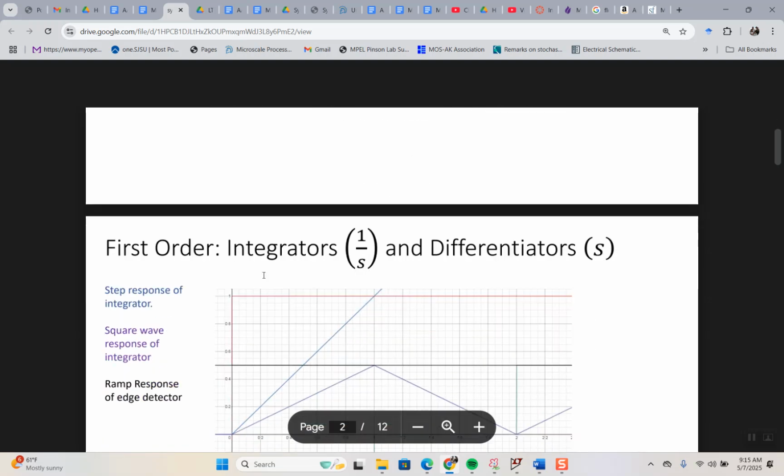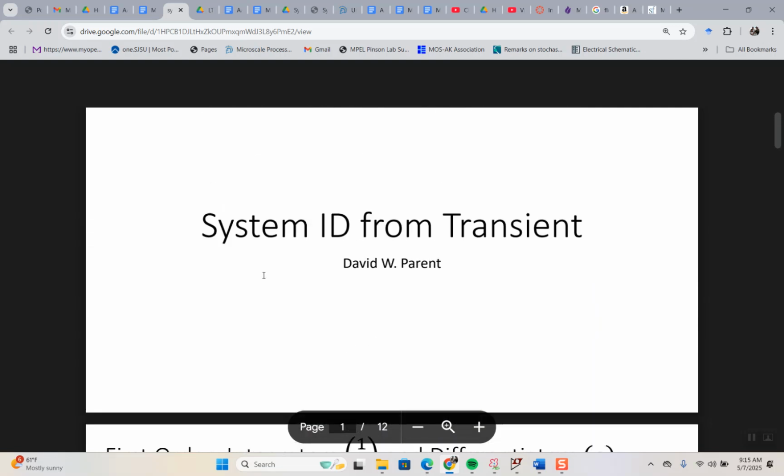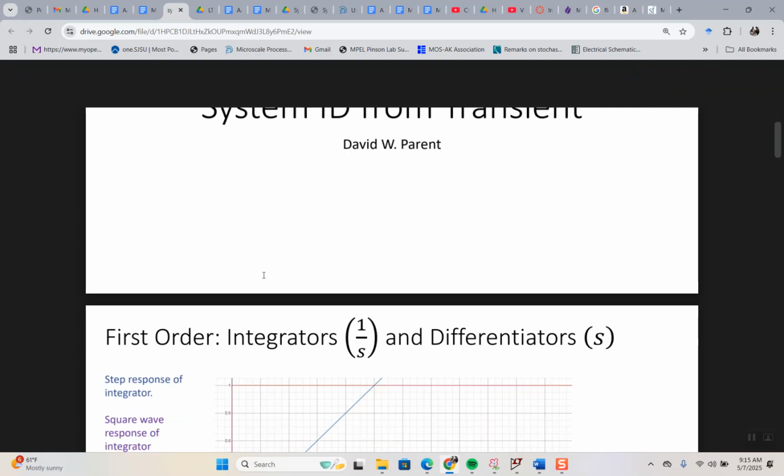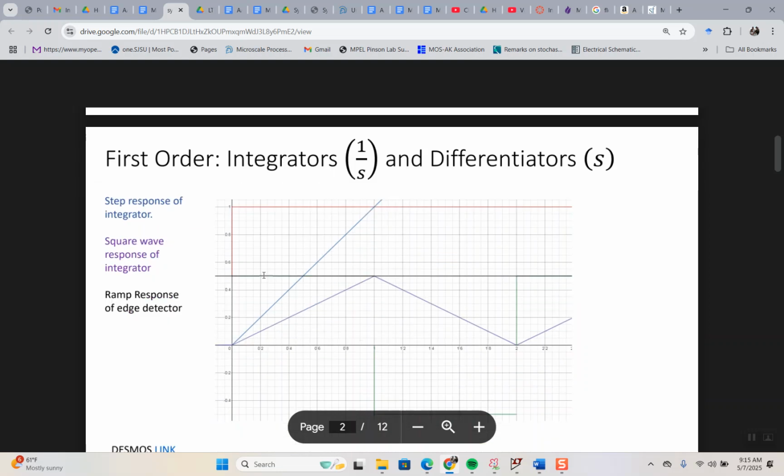All right. So now let's start talking about simple things from a transient. We have this. Desmos can be pretty quick, but it also has some limitations.